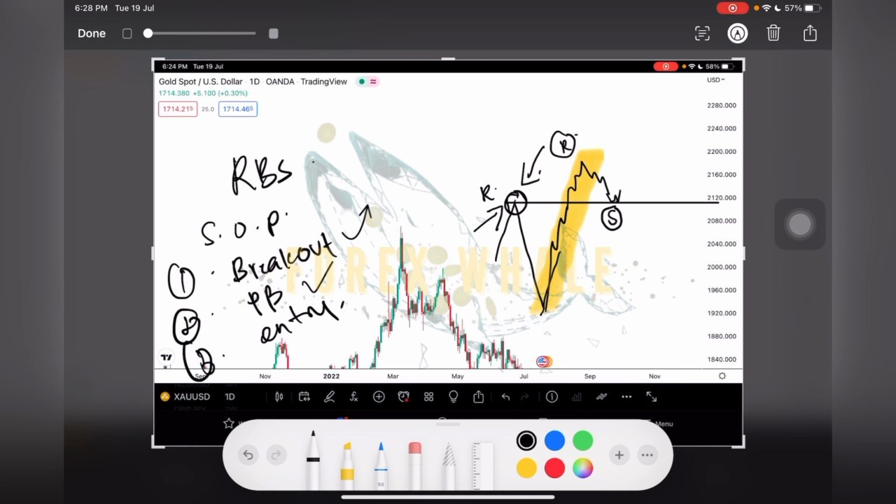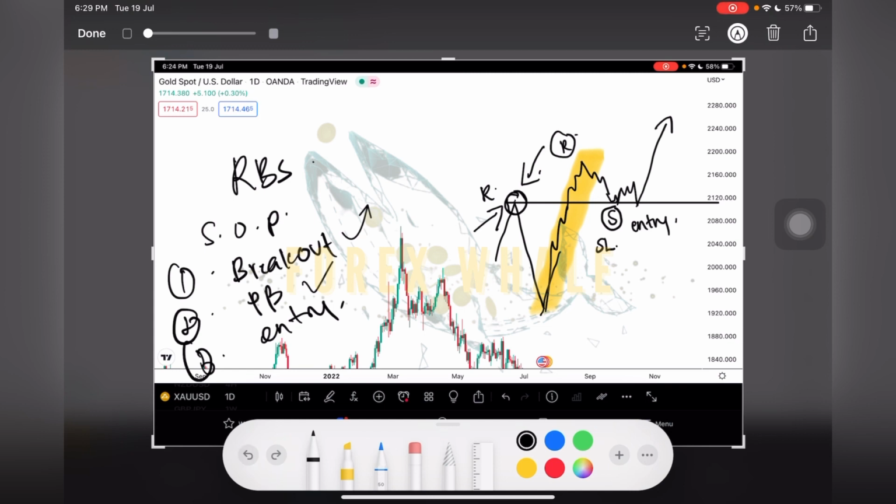Price created that support, so the next time price comes back to that support level, then only you can place your entry, and then boom, price goes all the way up. Your stop loss would be below that new support level that is created on the same level as the resistance. If you find it very confusing, you can just rewatch this video over and over again. So this is style number 2, right?